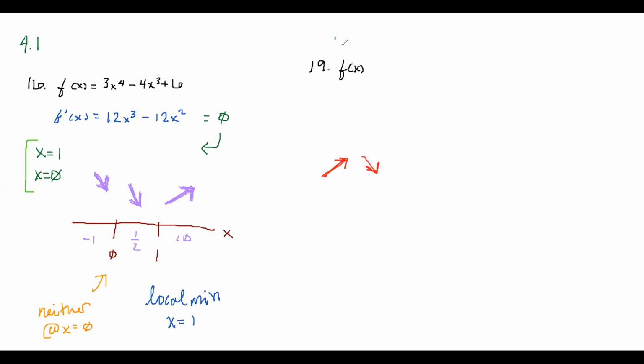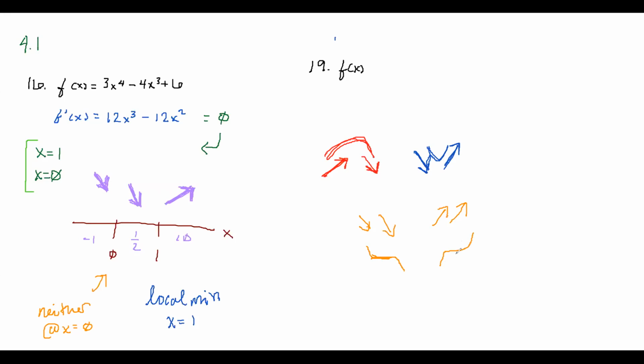You have a min where your function is decreasing and then begins to increase. You can see we have a min shape here and a max shape here. And then we have neither situations where we're decreasing and decreasing or increasing and increasing. These are saddle points. This will look something like that, and this something like this.